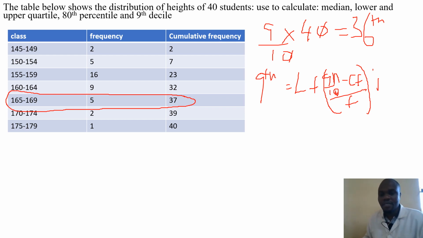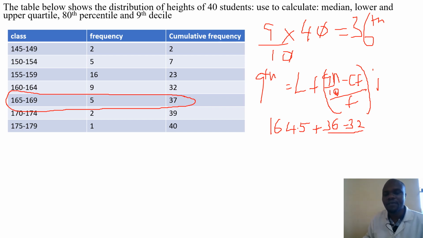So in this case, I'm going to have my lower class limit here being 164.5, then plus my n whole over 10 multiplied by 9, that was 36, minus the cumulated frequency above of that, 32. And then I divide by the class frequency, and then all these I multiply by the class width of 5.